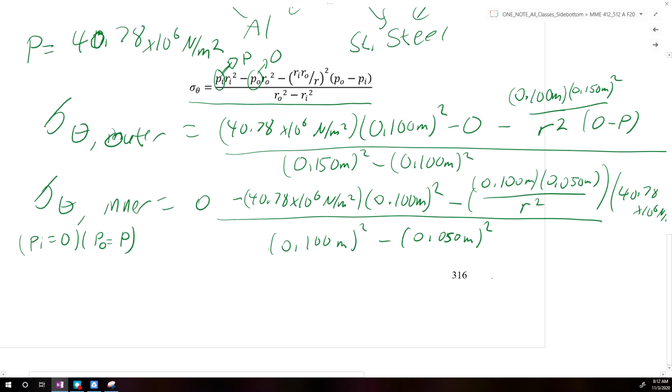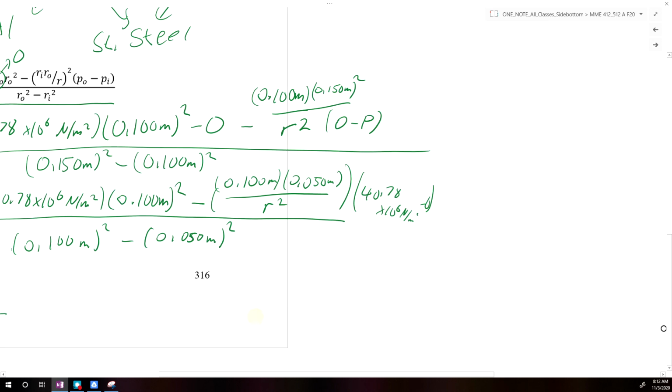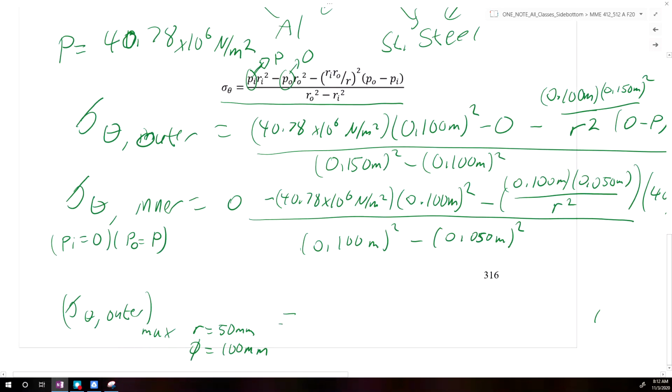If you evaluate these two equations, for the outer cylinder, the maximum stress would occur at R equal to 50 millimeters, or where the diameter would be equal to 100 millimeters, and that would be equal to 106 megapascals.